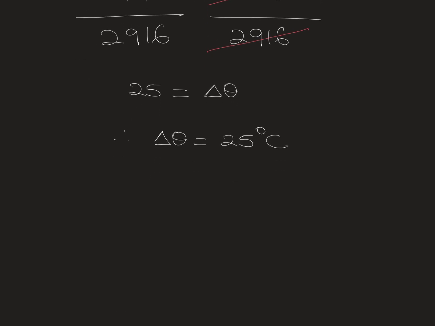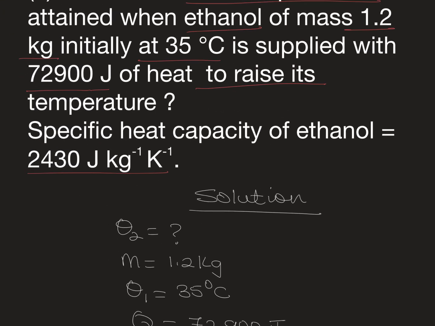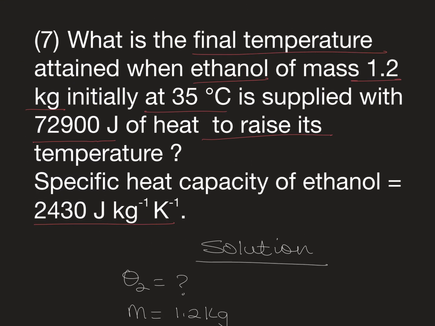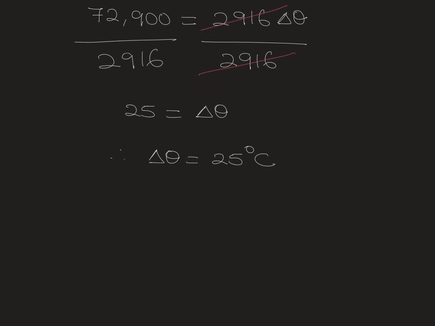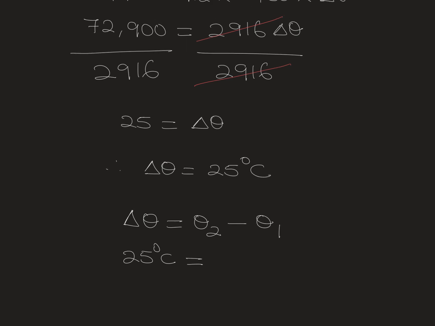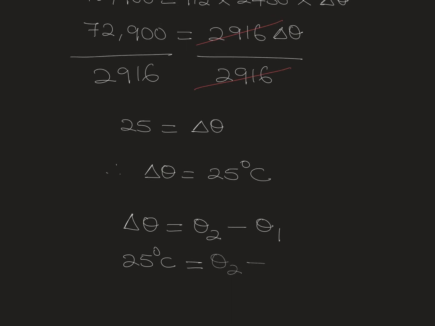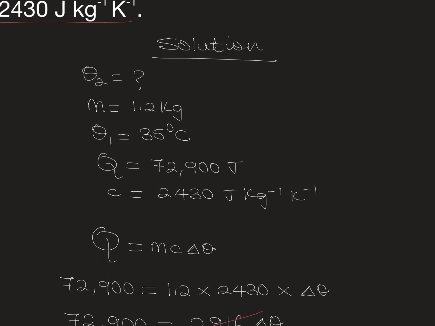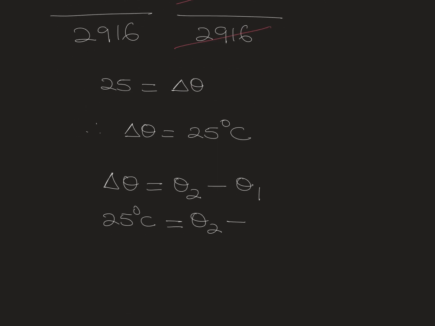So how do we find the final temperature? We know that it is a heating process because heat is supplied to ethanol, right? So we're going to use delta theta is equal to theta 2 minus theta 1. Delta theta is 25 degrees Celsius. This is equal to theta 2 minus theta 1, which is 35 degrees Celsius.